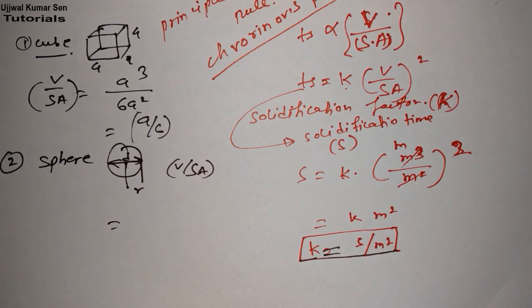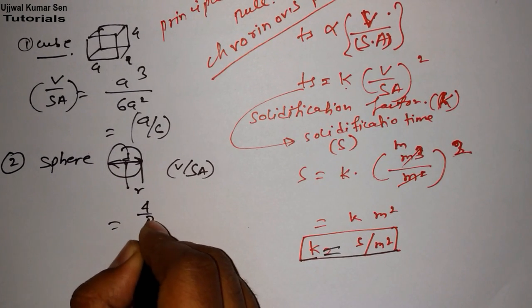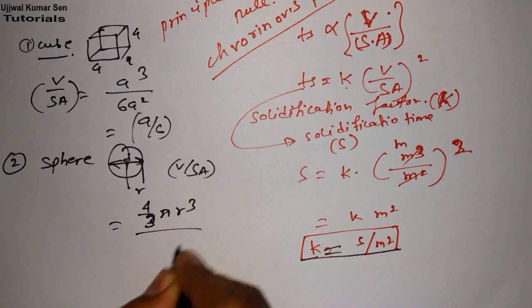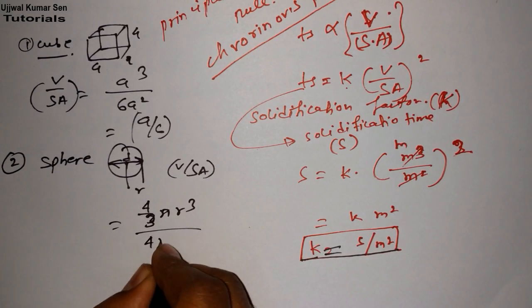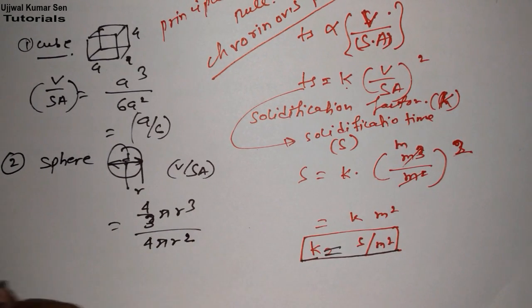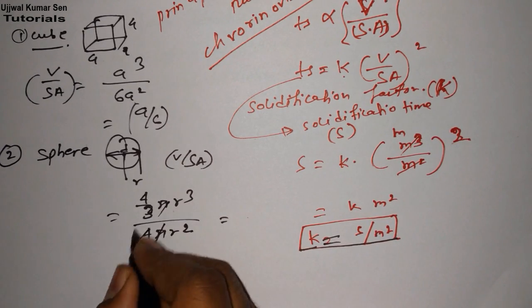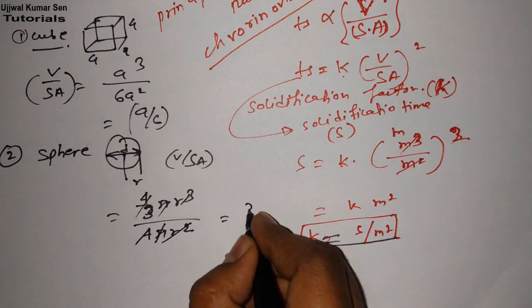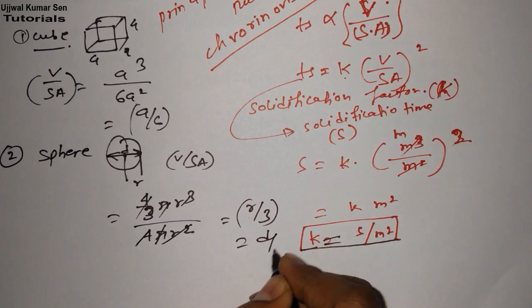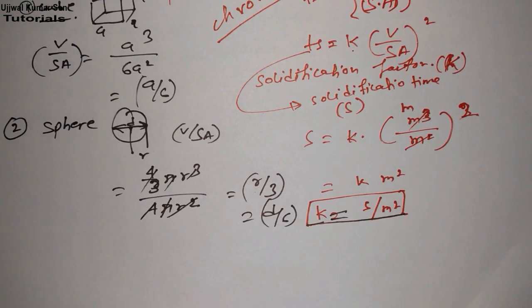The volume of the sphere is 4 by 3 pi r cube. Its surface area is 4 pi r square. After calculation, pi gets cancelled, 4 gets cancelled, so r by 3, that means d by 6. This is for the sphere.